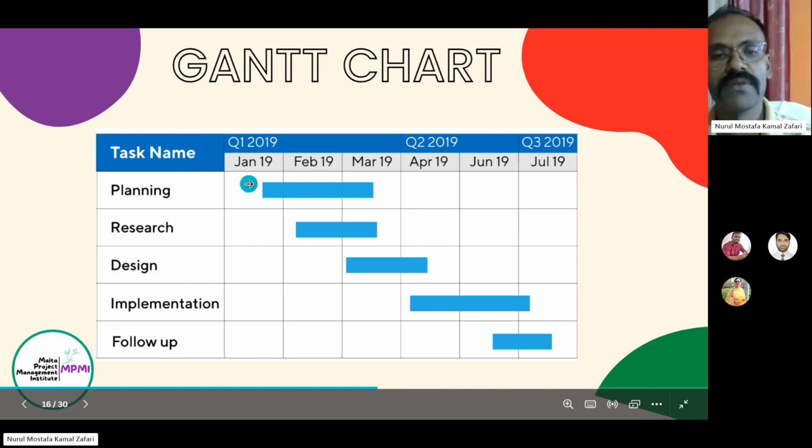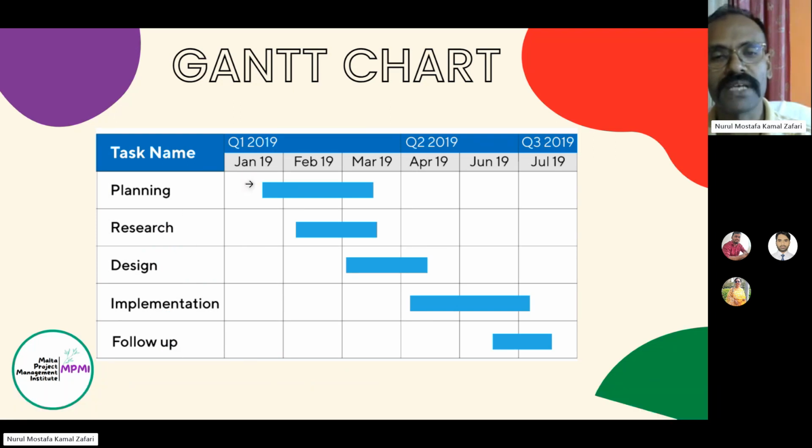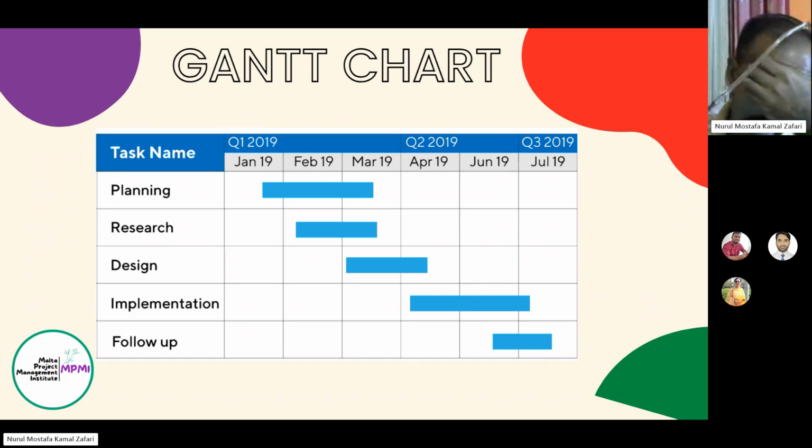Planning will happen from January 2019 to February 2019, and also March 2019, because sometimes we need to change the plans. So that's why planning will not end as soon as the project is started. Maybe the planning process can be active even after the initiation of the project.